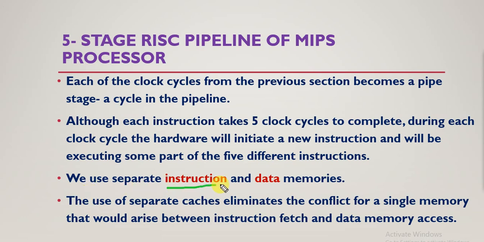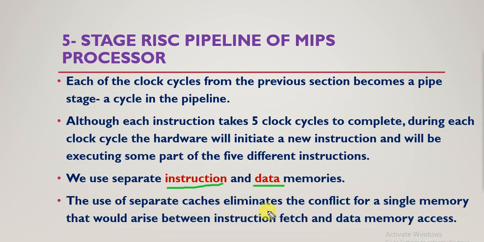We use separate instruction and data memories. That was also mentioned. For instruction fetch we use instruction memory, which is a cache, and for data access we use data memory, which is also a cache. So the usage of multiple caches gives an added advantage to the pipelining mechanism.